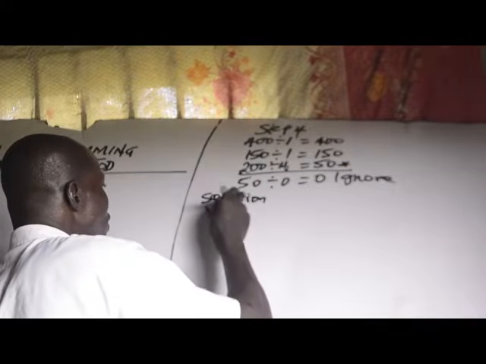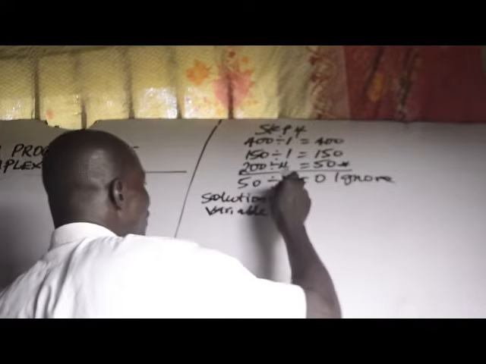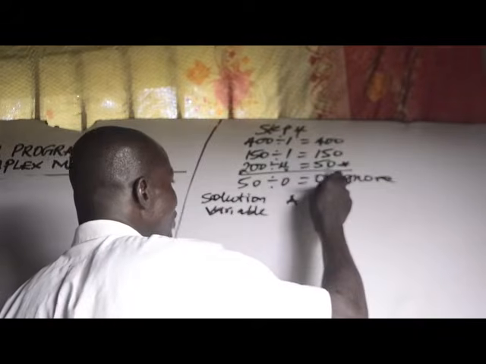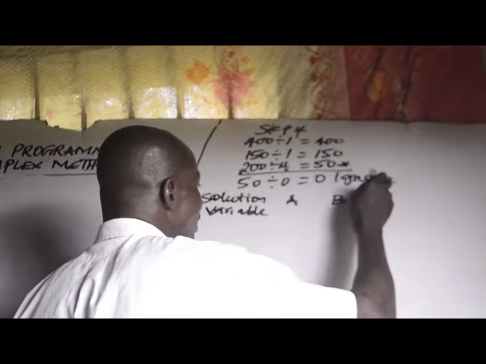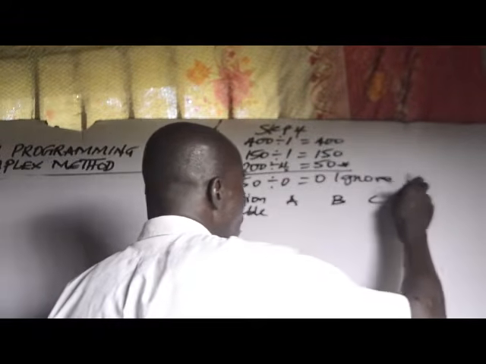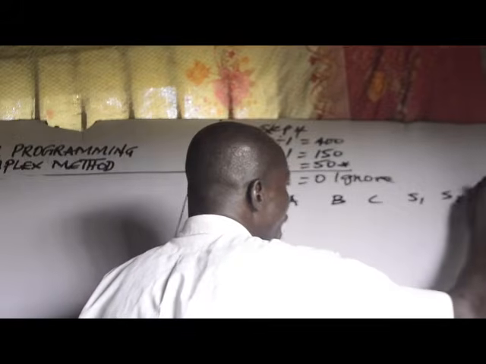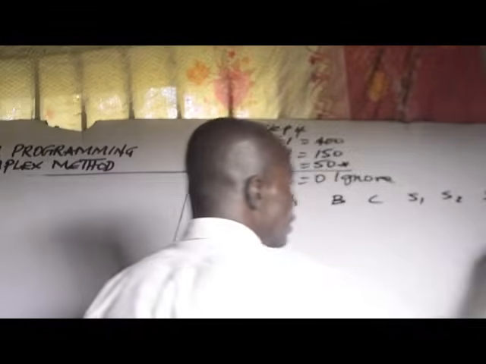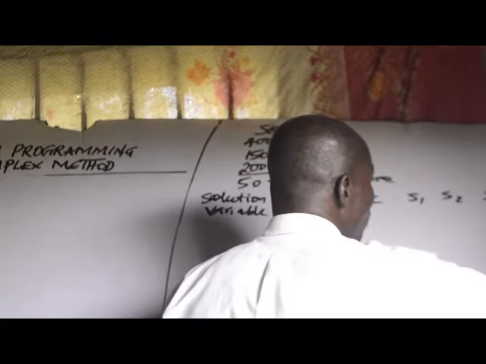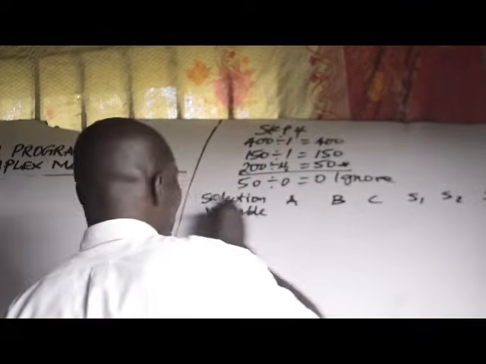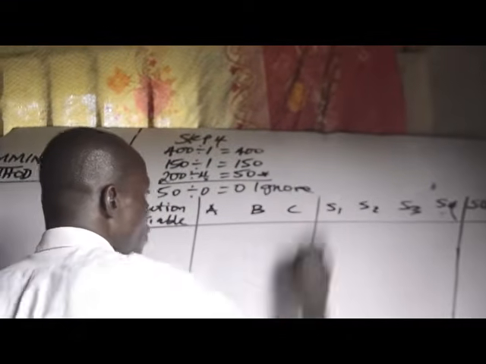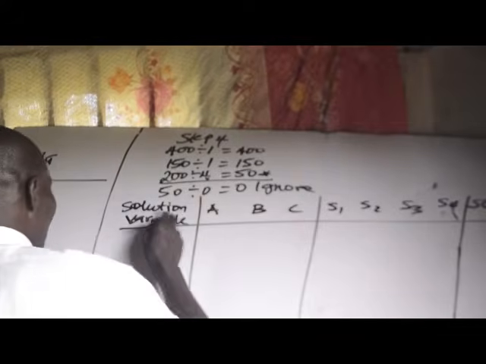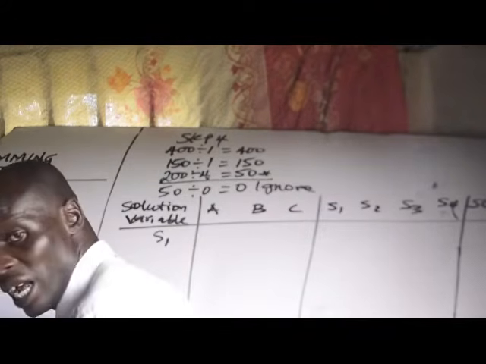variable, where we have A, B, C, S1, S2, S3, S4, and solution quantity. So we have S1. I'm filling in from the step 3 here.